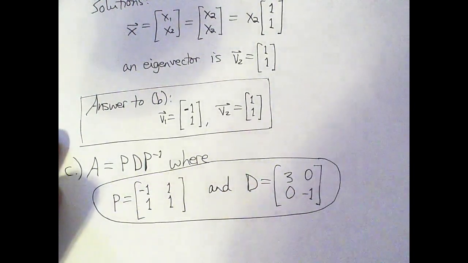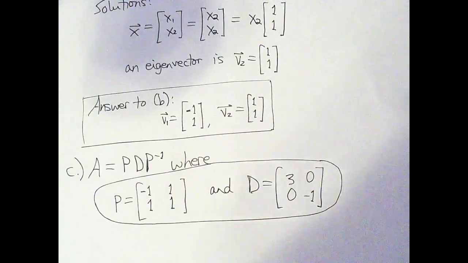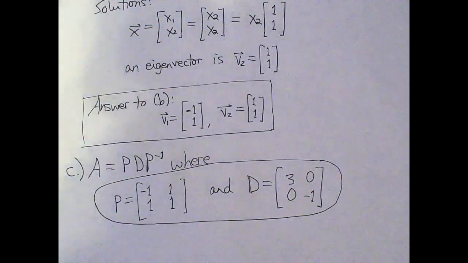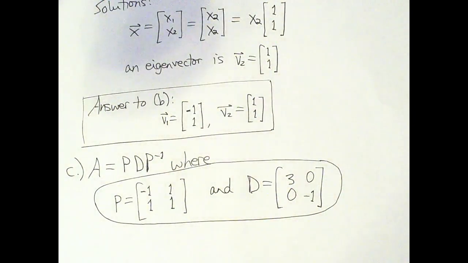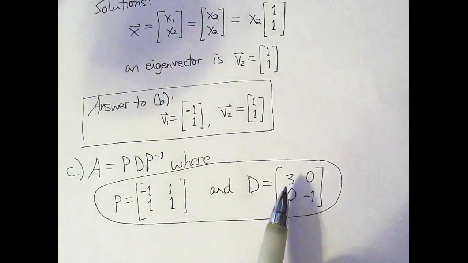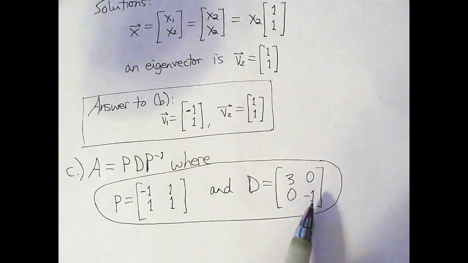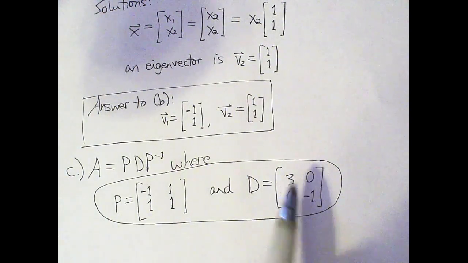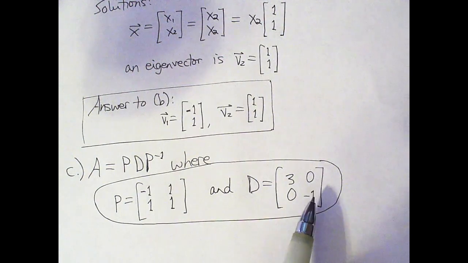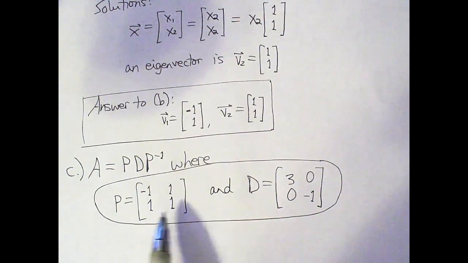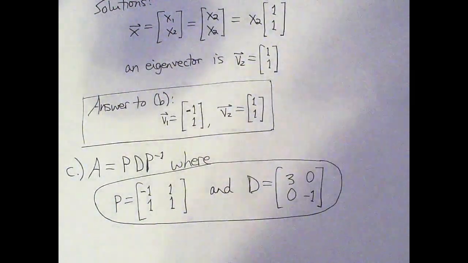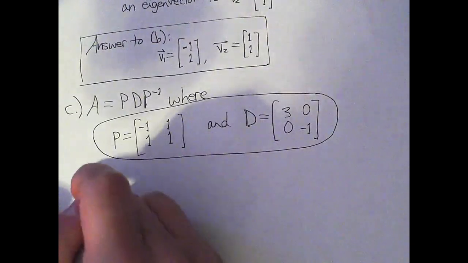There is also another correct answer that you might have gotten. Remember, when I found the eigenvalues, I found 3 and negative 1, and I labeled them in that order. I said lambda 1 is 3, lambda 2 is negative 1. If you labeled the 3 and the negative 1 in the opposite order, that's okay, but then these two columns of P have to be in the other order. Okay? So I'm going to write that.